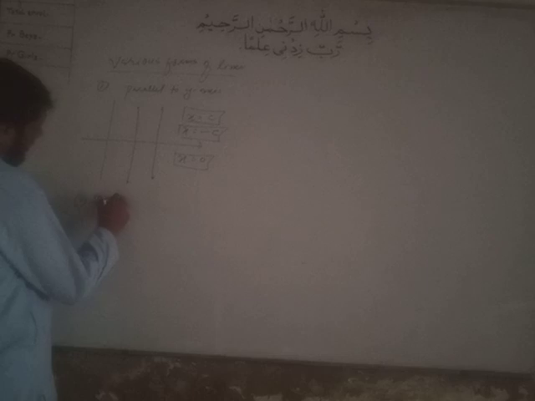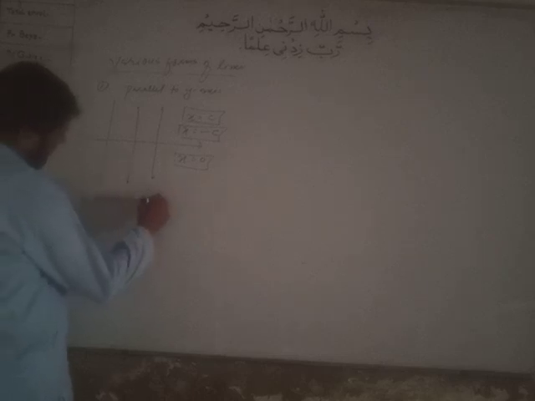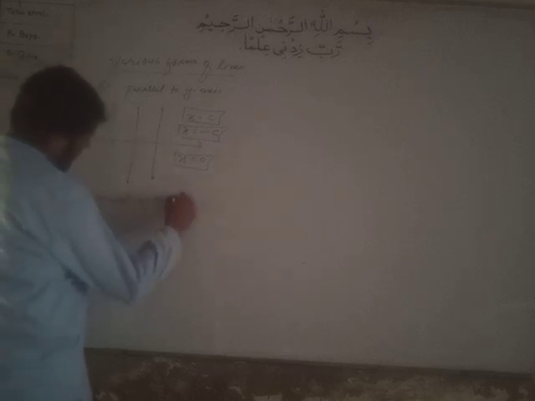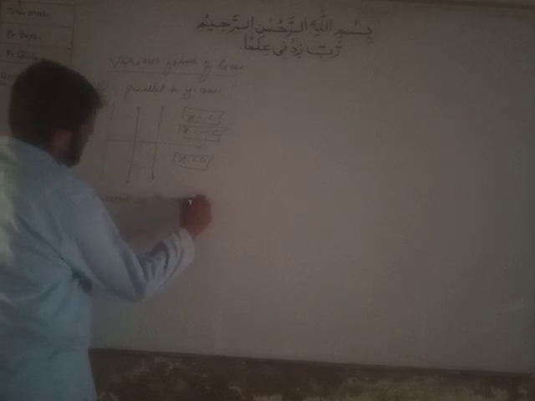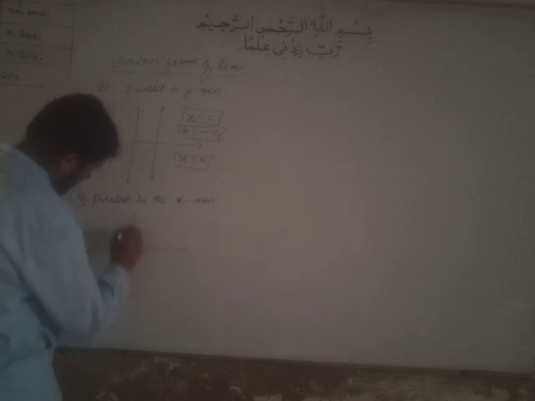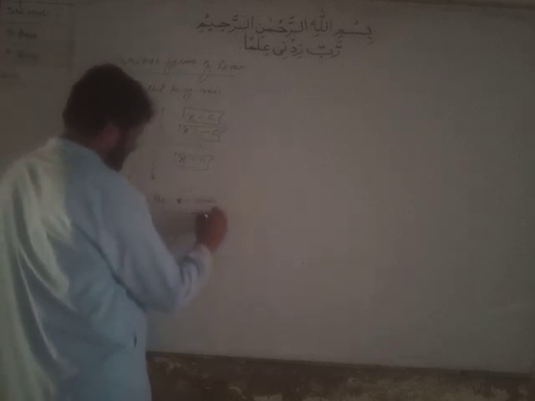Number 2, parallel to the x-axis. So the line parallel to the x-axis is here. When the line is upward, c units above the x-axis, we can say that y is equal to c.